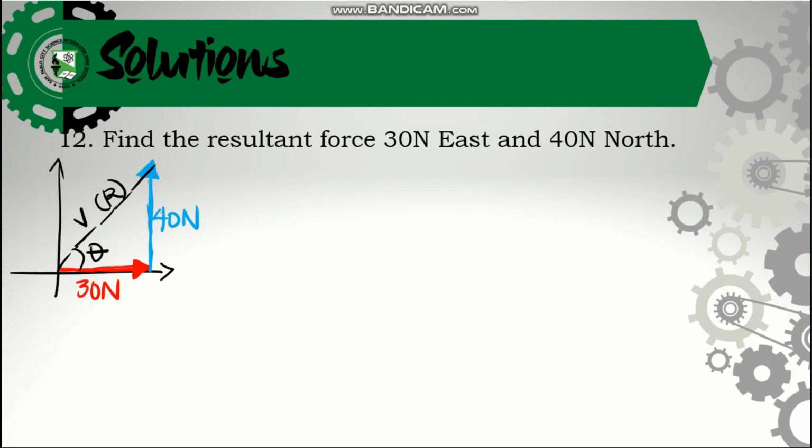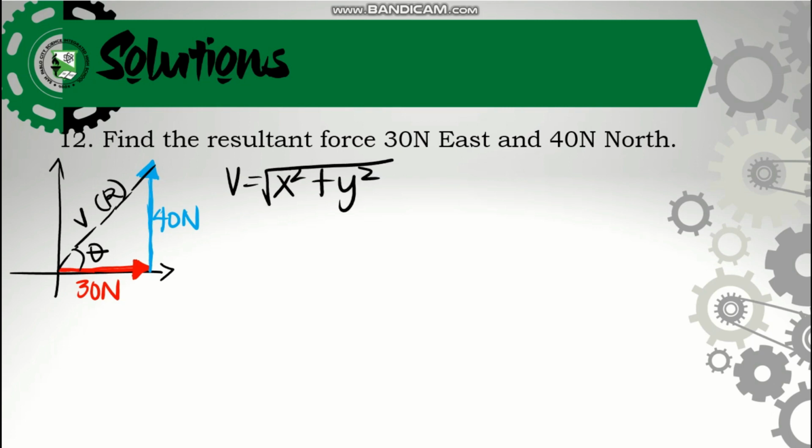The resultant force, so V and R, it doesn't matter in any sources naman. It's up to you kung ano yung gusto mong gamiting variable or letter. Then we have the angle. So we're going to find, of course, if we are asking for the resultant force, you must get the V and the angle. So, V is equal to the square root of x squared plus y squared. It's okay kung nakita natin ay R is equal to the square root of x squared plus y squared.